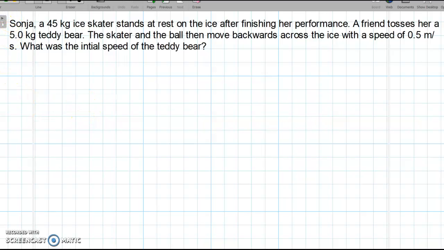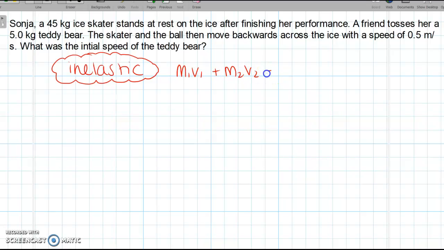So we start out the exact same way by recognizing that this is an inelastic collision because Sonia is going to catch the teddy bear. Okay, so our inelastic collision equation looks something like this. Our masses are going to combine. We're going to be left with a final velocity.